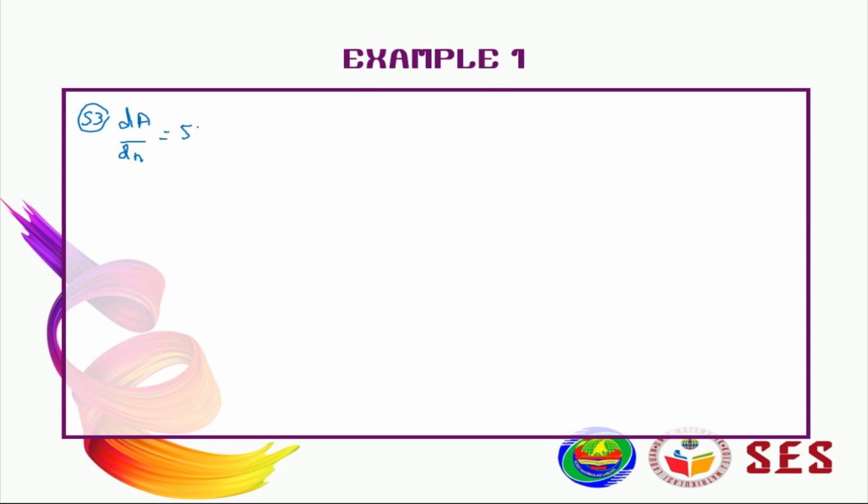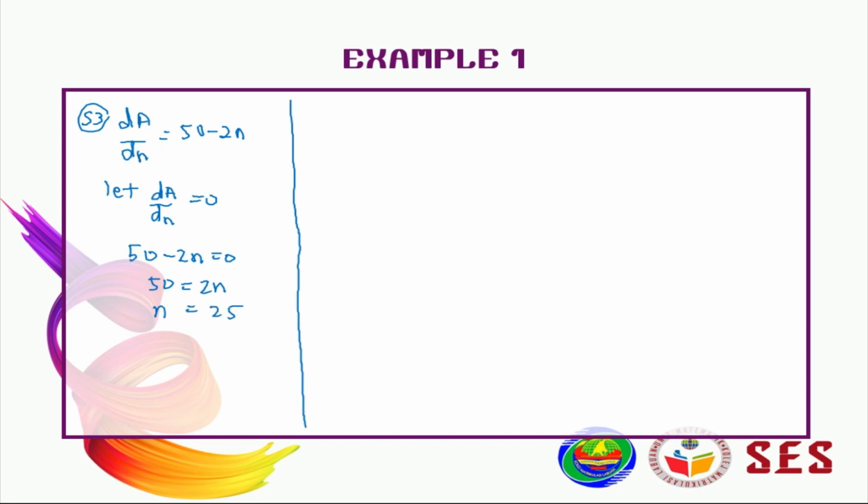So you will have 50 minus 2n. And then let dA/dn equal to 0. So you will have 50 minus 2n equal to 0, 50 equal to 2n, hence n is equal to 25.